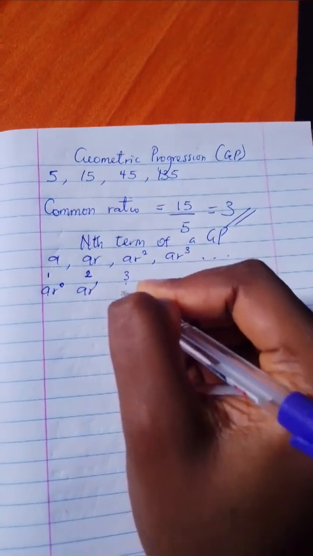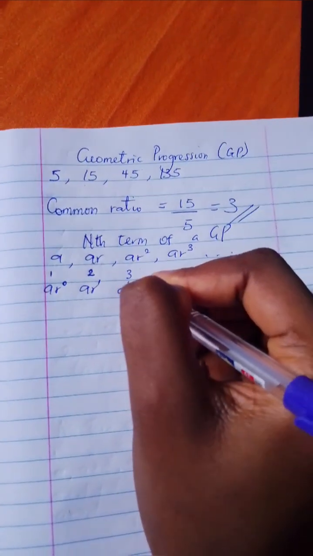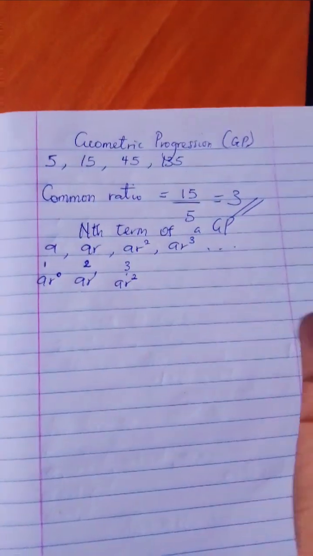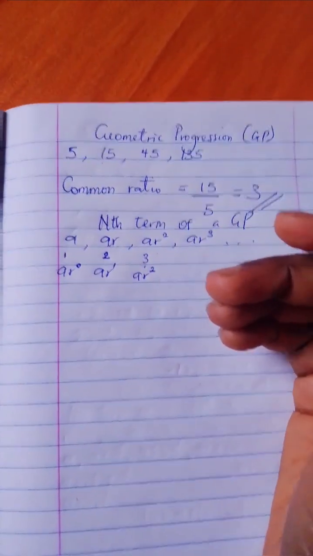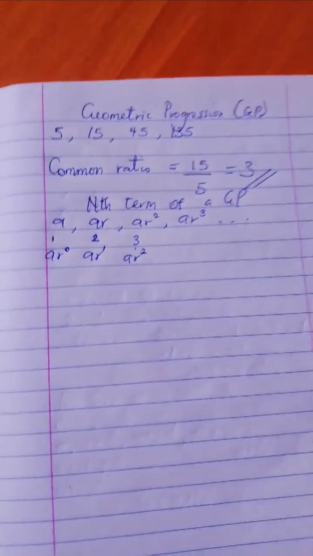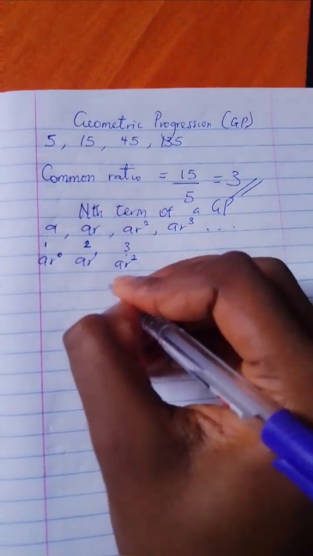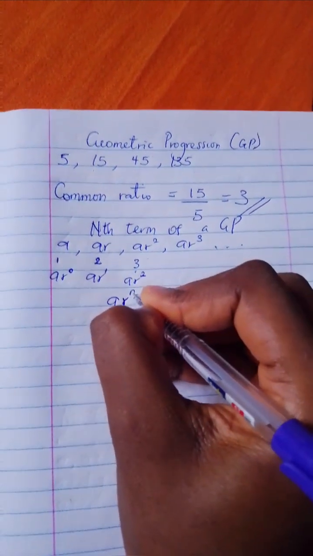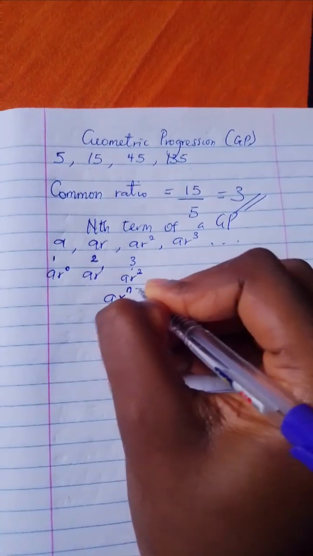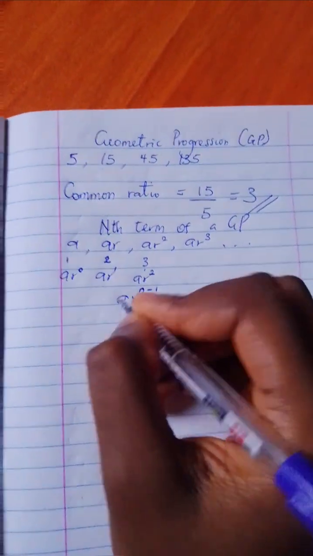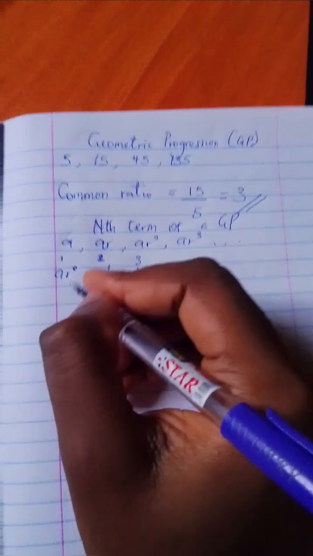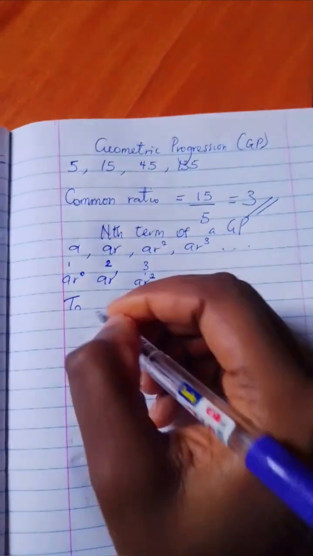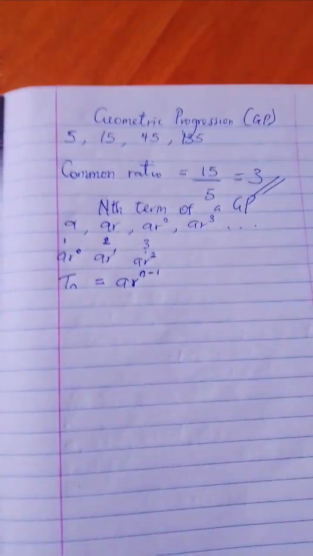The third term is multiplied by r raised to power 2. With this, you can see that to find the nth term of a geometric progression, all you have to do is multiply a by the ratio raised to the power of the position of that number minus 1. So this here is how to find the nth term of a geometric progression.